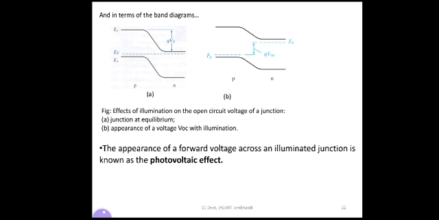So the appearance of a forward voltage across an illuminated junction is known as the photovoltaic effect. That is, the photovoltaic effect is the generation of voltage and electric current across an illuminated junction upon exposure to light.